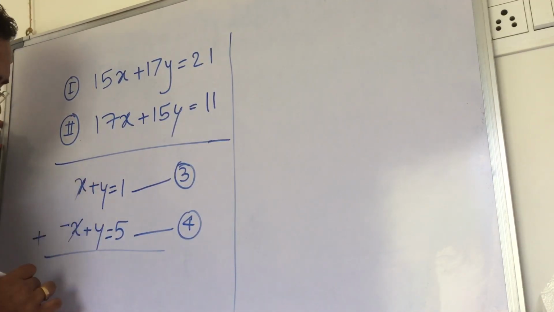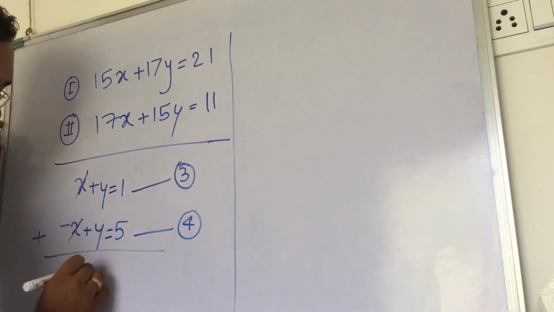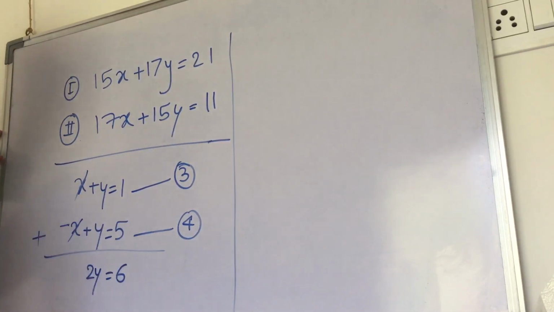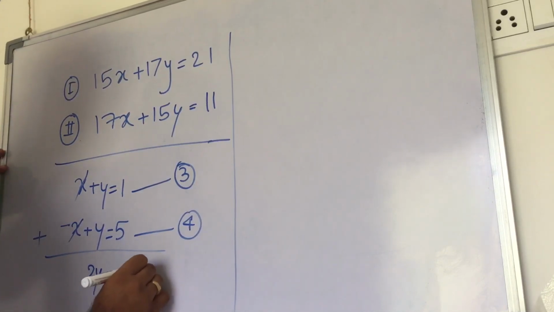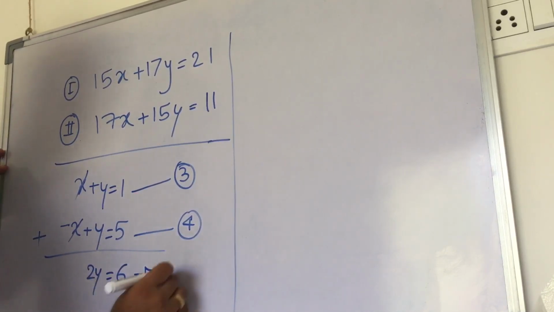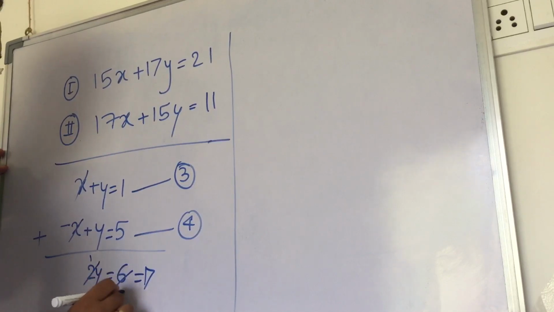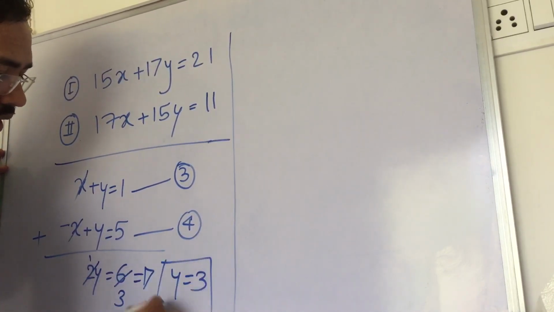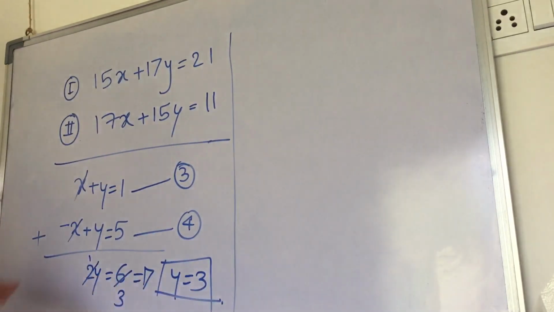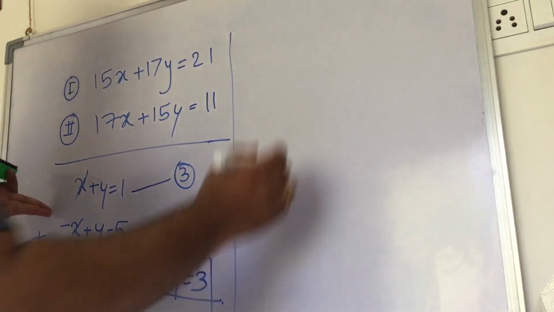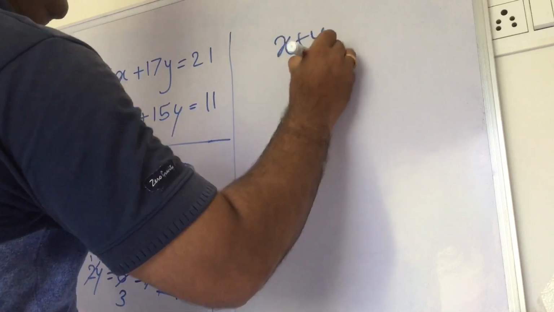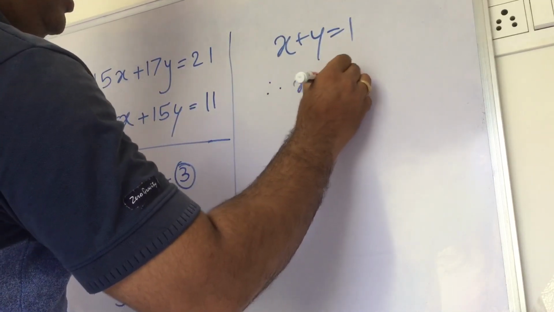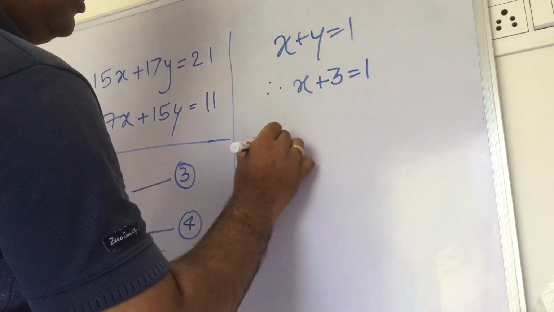Plus x minus x cancels, and 2y equals 6. If 2y equals 6, then y is equal to 3. Substitute this y in either of these two equations. Let's take x plus y equals 1. Therefore x plus 3 equals 1.